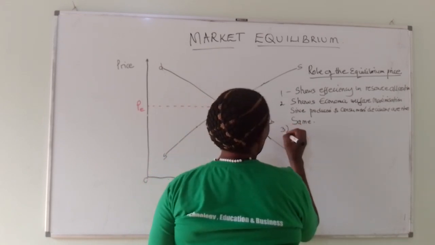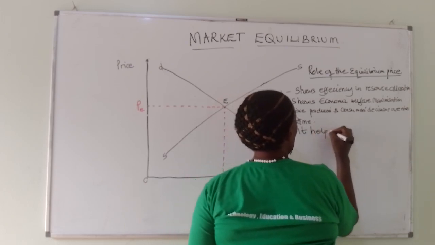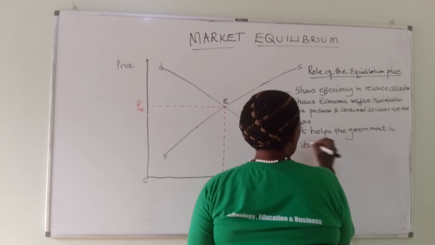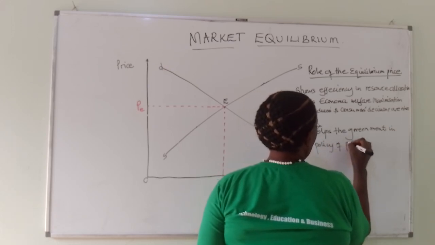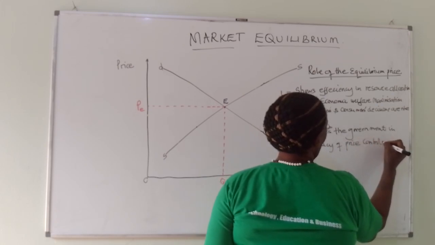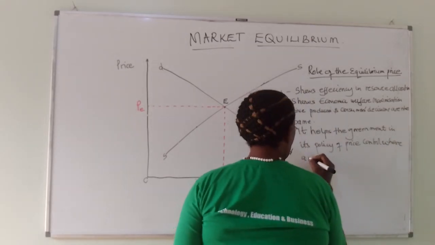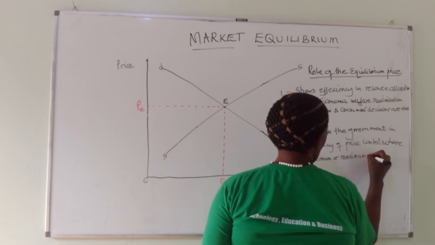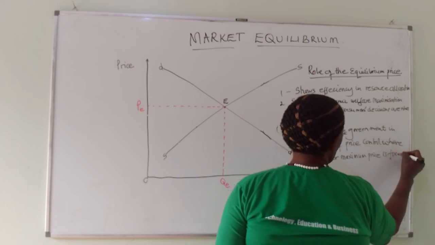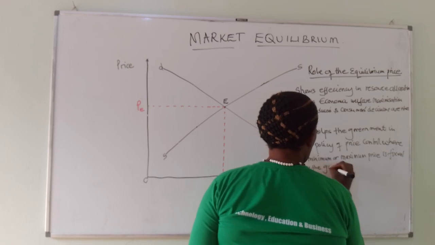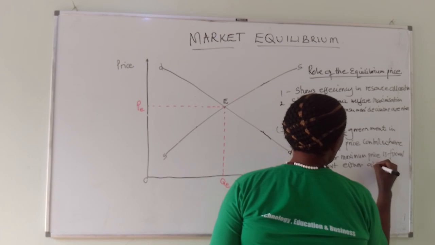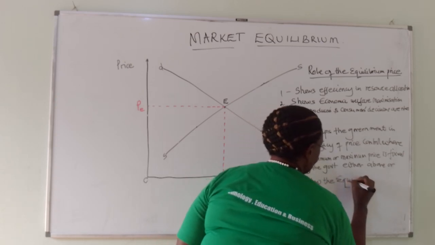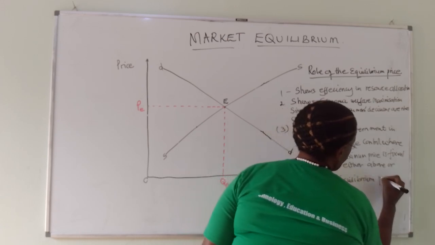This role of equilibrium price is also important to the government in its price control policy, where a minimum or maximum price is fixed by the government, either above or below the equilibrium price.